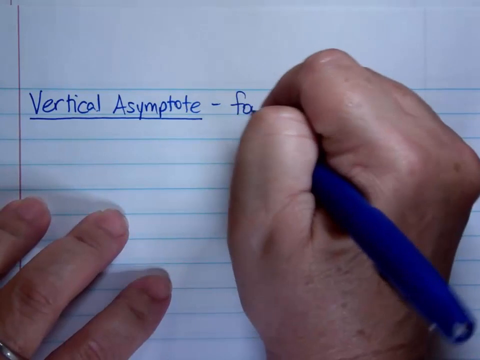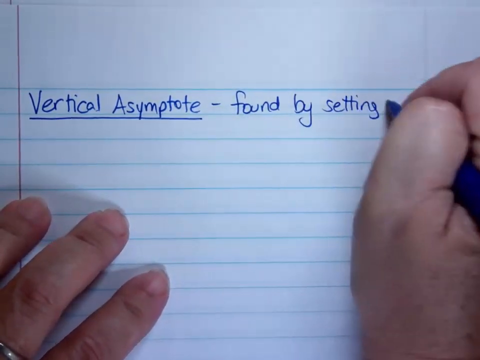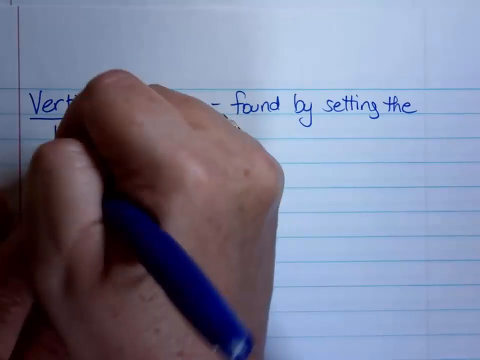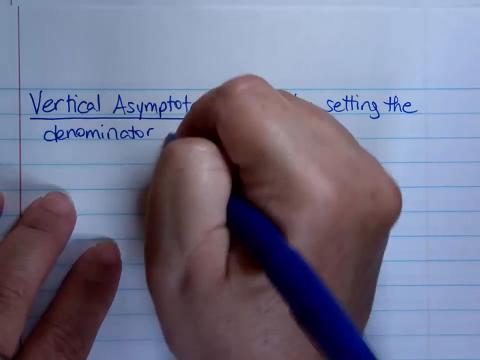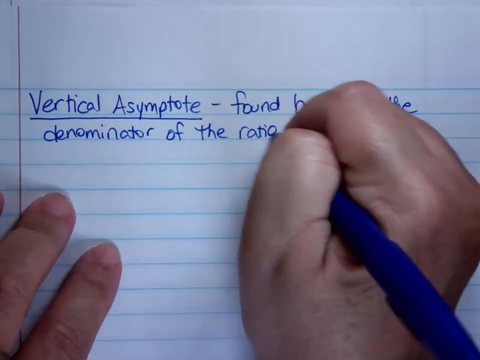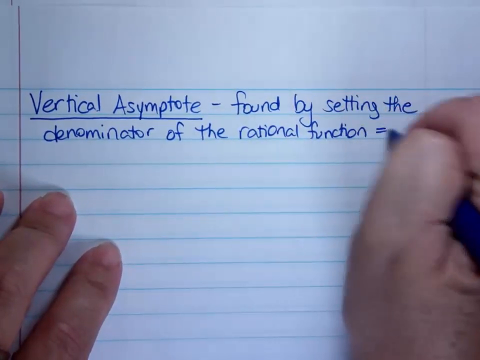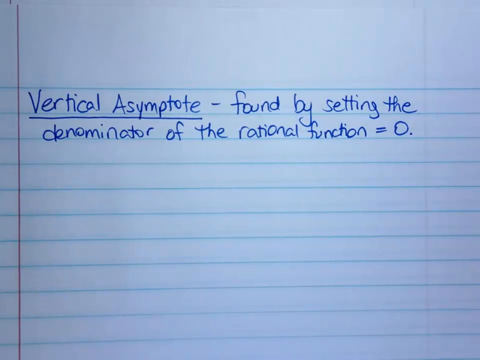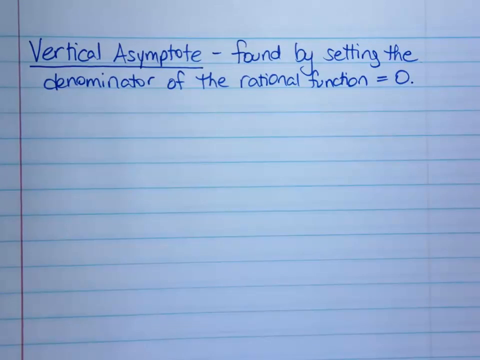It is found by setting the denominator of the rational function, because that's what we've been dealing with all along here, equal to 0.